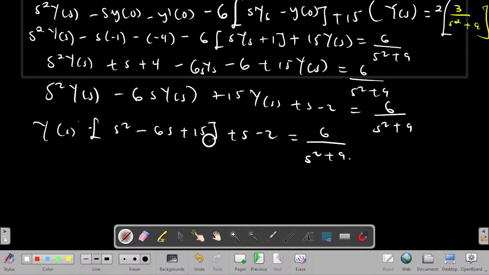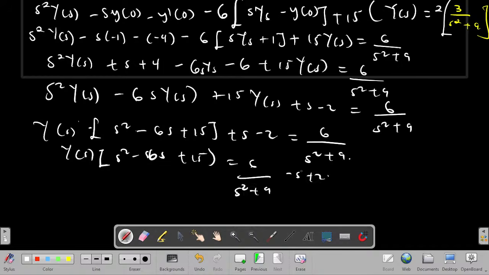So we just make capital Y of s the subject, as simple as that, by switching everything to the right side. To switch, we can switch the s minus 2 first, right? So you have my Y of s multiplying s squared minus 6s plus 15 is equal to 6 over s squared plus 9 minus s plus 2, right? So I cross multiply.